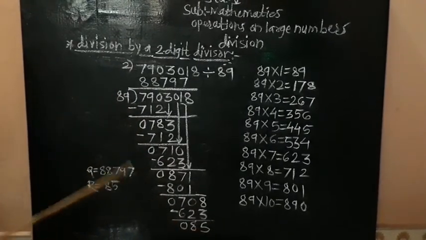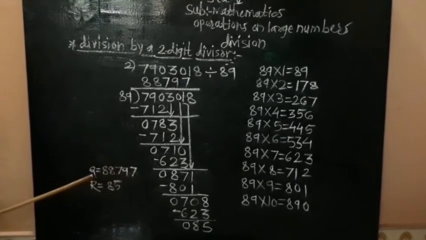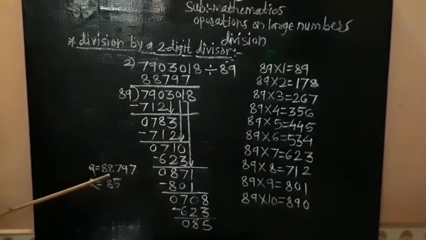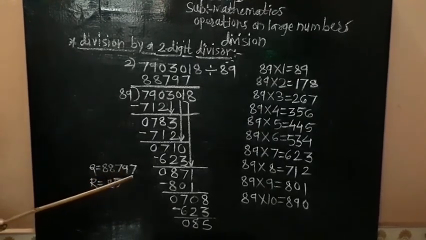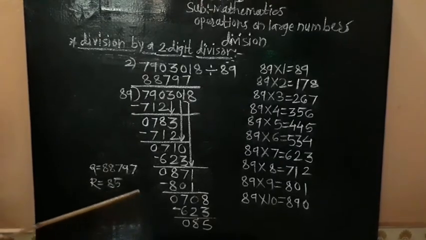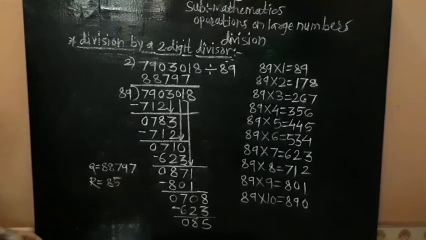And what is the final answer? What is the conclusion you get here? The quotient is 88,797, and the remainder is 85.